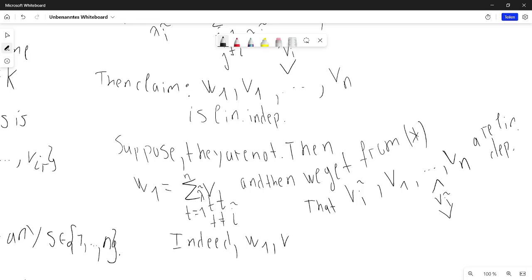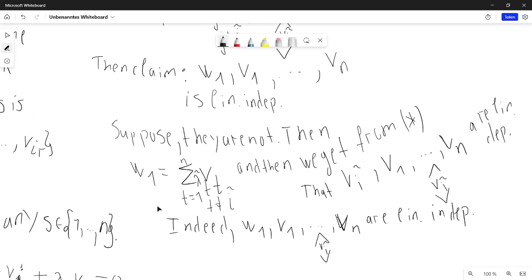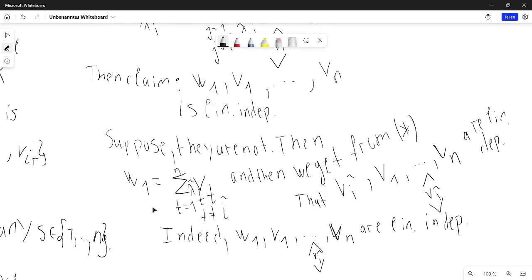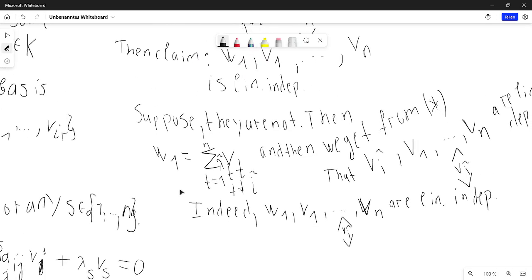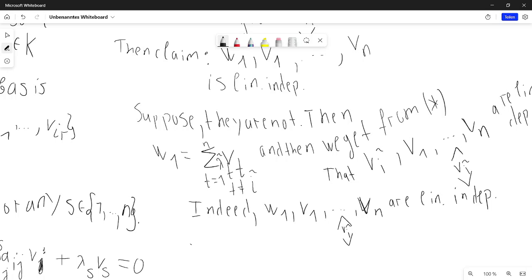W1 to n, yeah, information. The i children are linearly independent. Right. Now, okay.